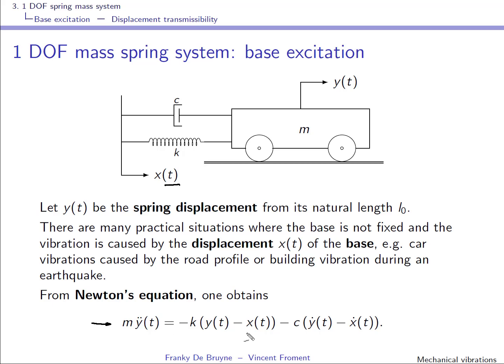You have the restoring force coming from the spring and the damping force, and the restoring force looks at the difference between y and x, and you have something similar for the damping force, but with displacement replaced by speed. So you look at the speed differences.